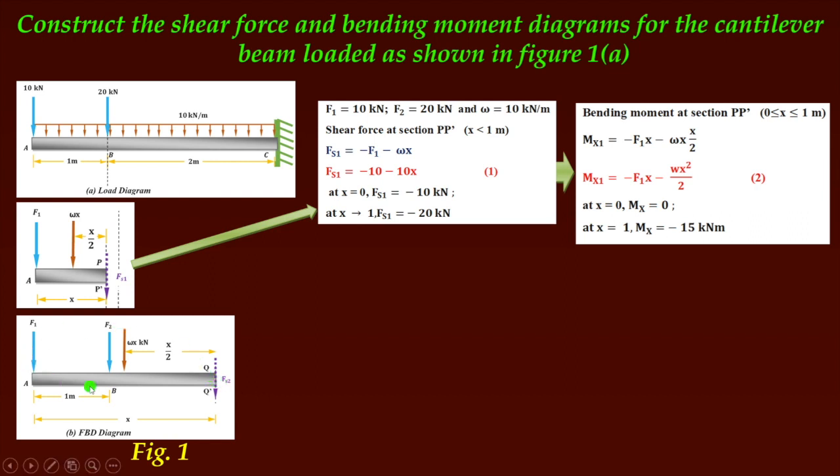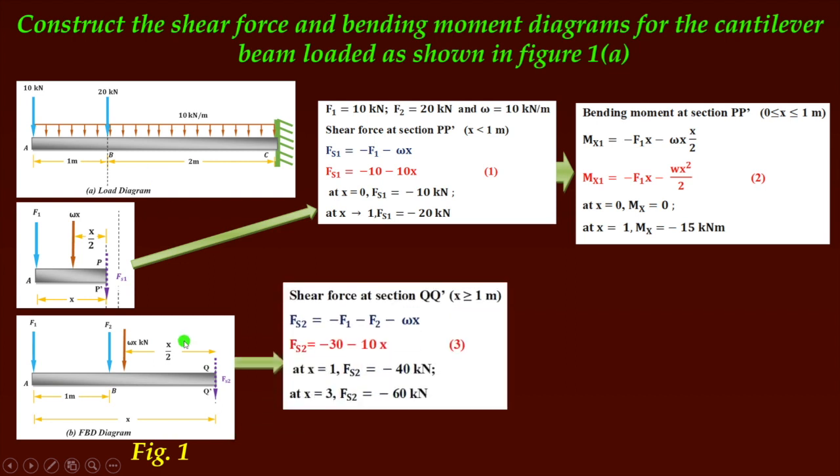So total value of the distributed load is omega x, and working at the middle, means at a distance of x by 2 from Q. So this is the free body diagram of the second part, the second segment. Now what's the shear force?